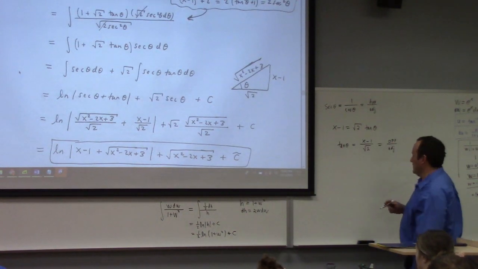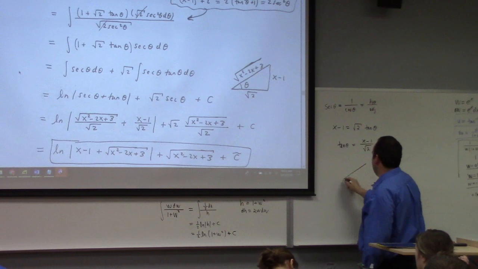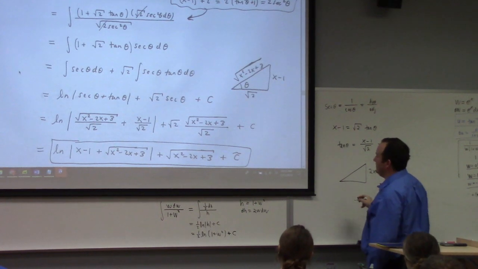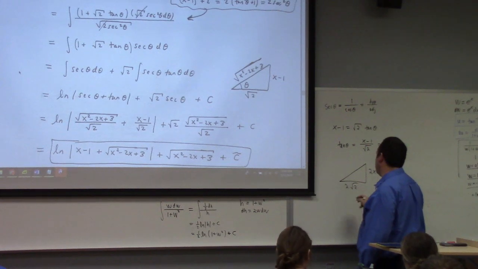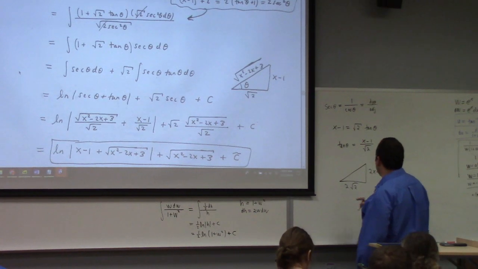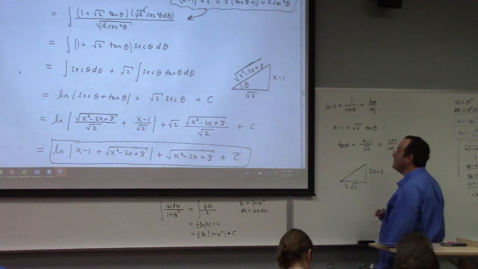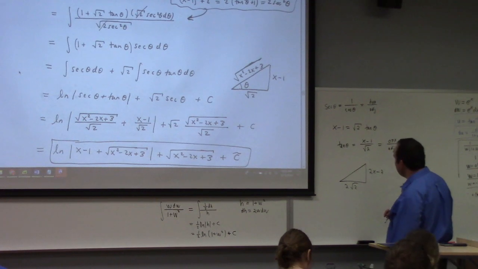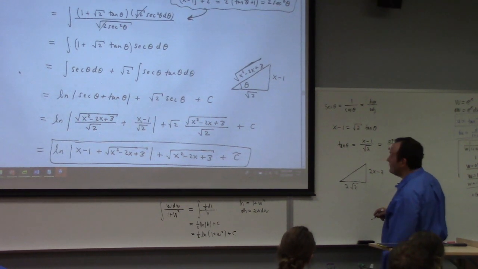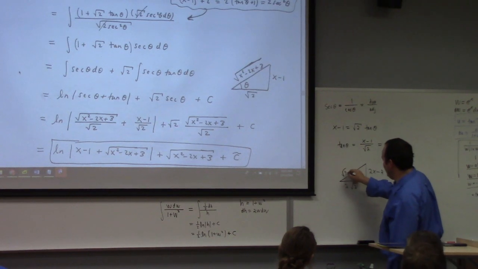Some of your math majors are like, hey, why do you do that? You could have done 2x minus 2. And you could have done 2 root 2, right? And then what would go up here? Root 2.